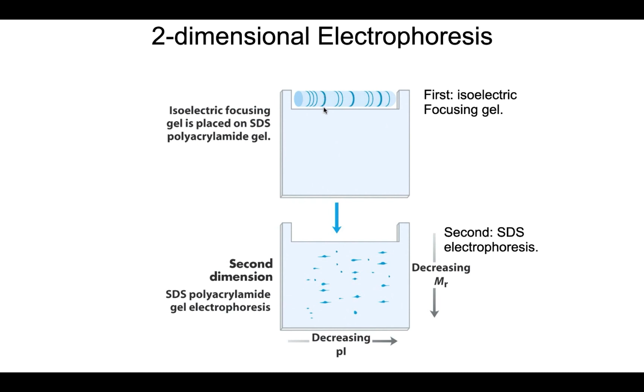So when you run it through this gel, you're able to separate those proteins based on their size. Now, when you look at this gel, it has 2 dimensions to it. It's got a dimension from left to right of increasing isoelectric point, and a dimension from top to bottom of decreasing molecular weight.